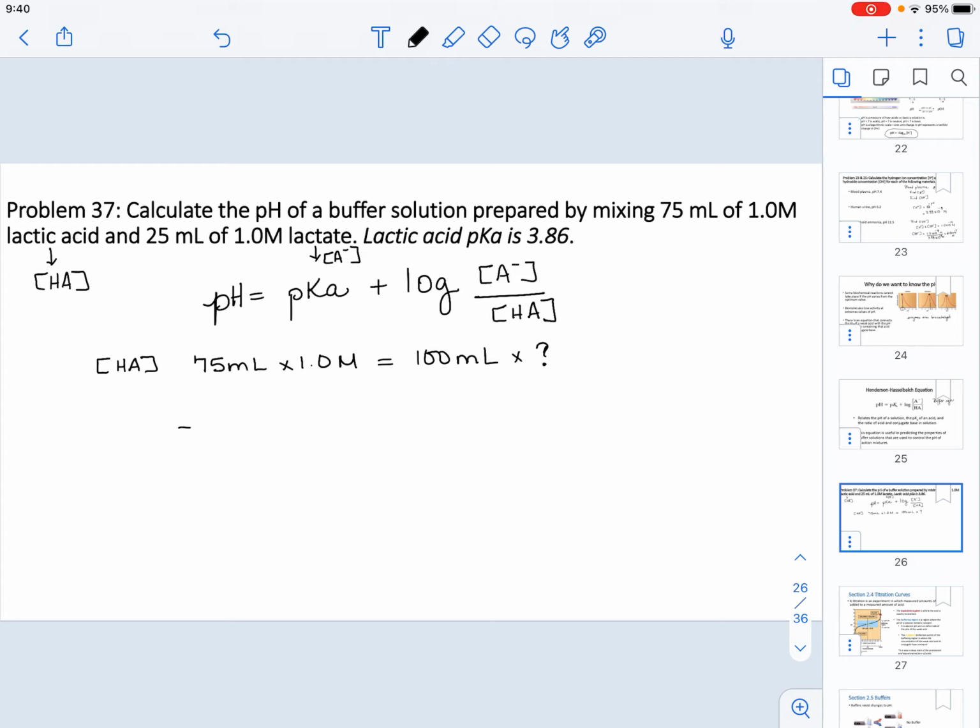So overall, if I say 75 milliliters times 1.0 molar divided by 100 milliliters, the milliliters cancel.